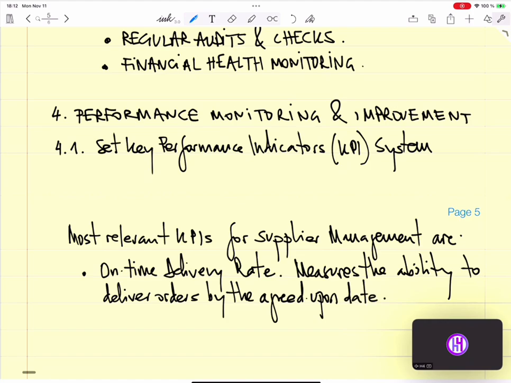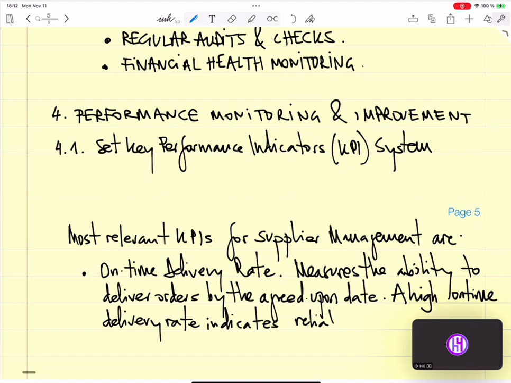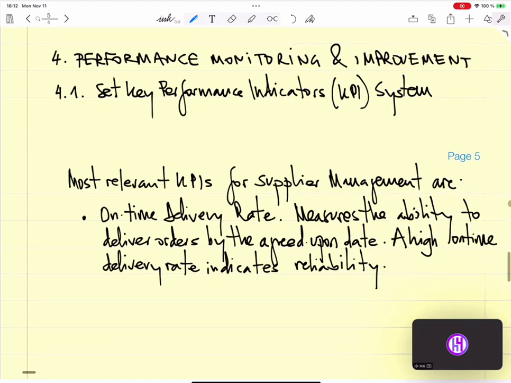A high on-time delivery rate indicates reliability of the supplier, see above, okay?